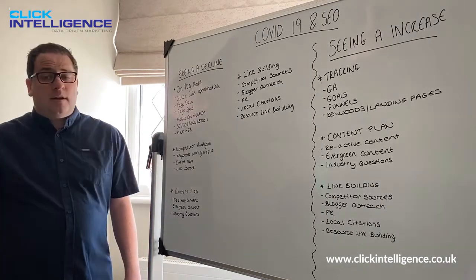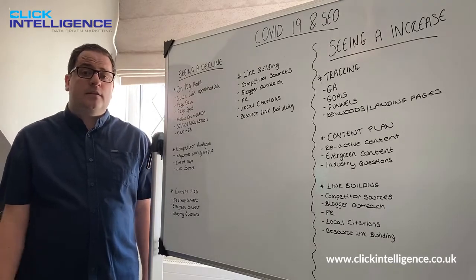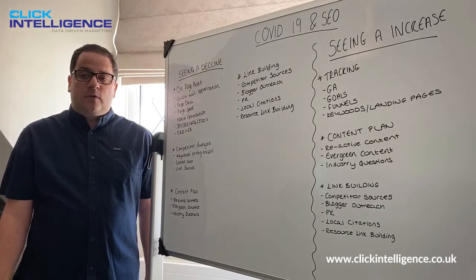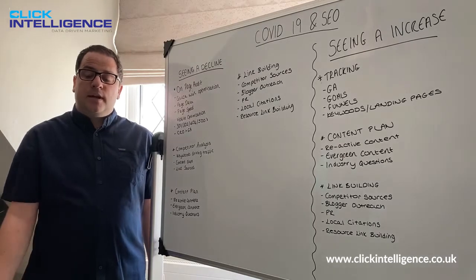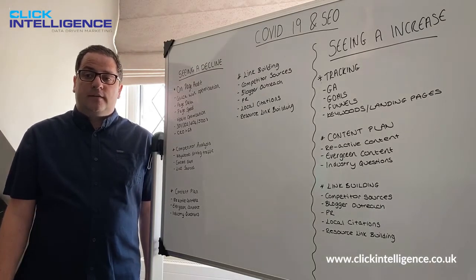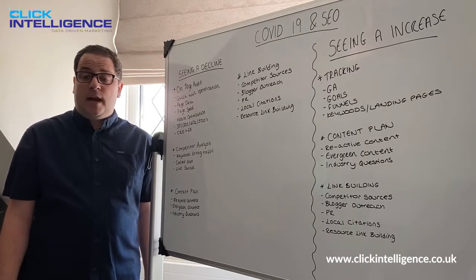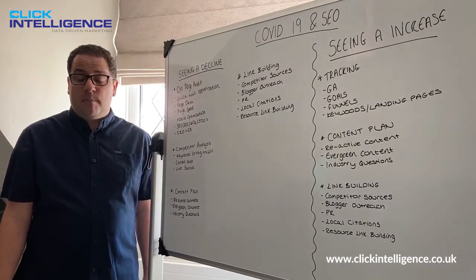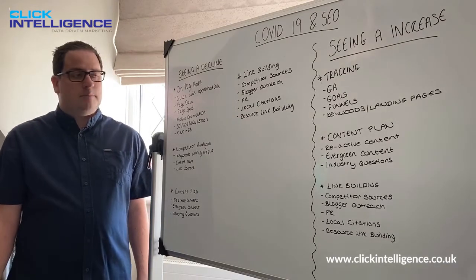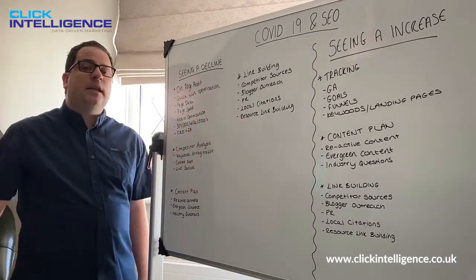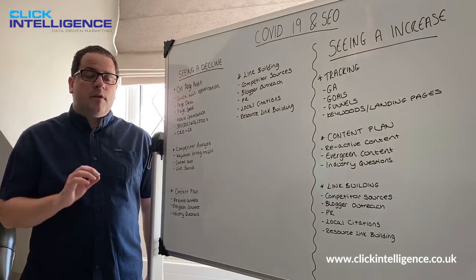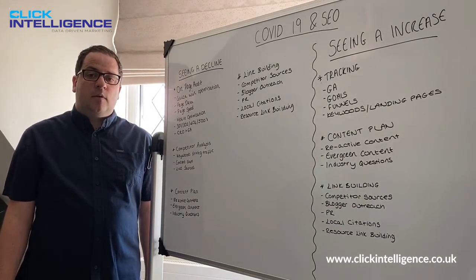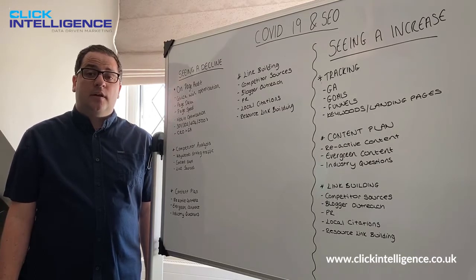And then maybe looking at local citations, so local citations being sites that are talking about your industry or service or product that are local to your area, or it might be directories that are specifically about your service, product or industry. And then the last one's going to be resource link building, and this is really key for you to start to get some quality links from resource type websites.